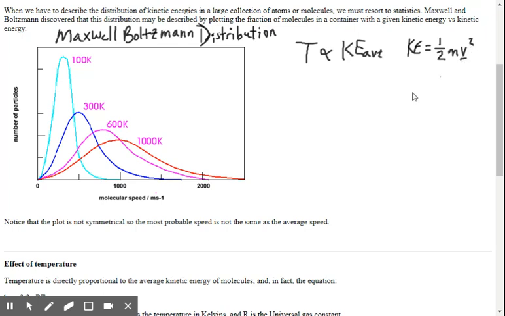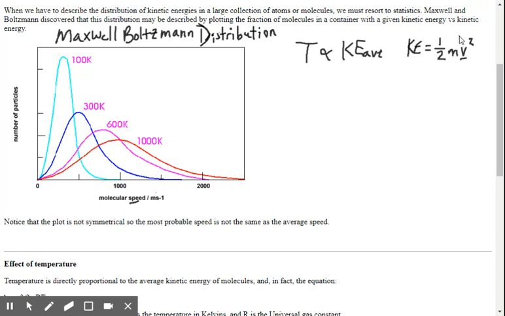Now the difference between velocity and speed: speed is a scalar quantity, so it's only looking at magnitude. Velocity is a vector quantity, which means it's looking at magnitude and direction. We're not really worried about the physics of that, we're just worried about the magnitude, how fast they're moving.